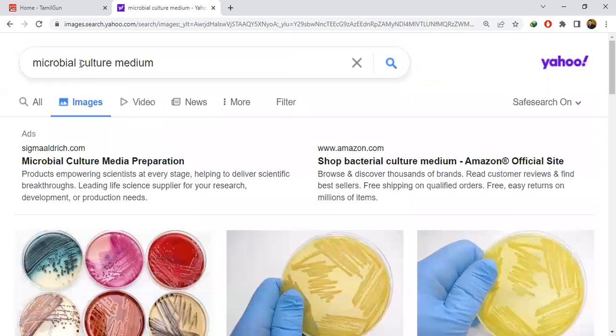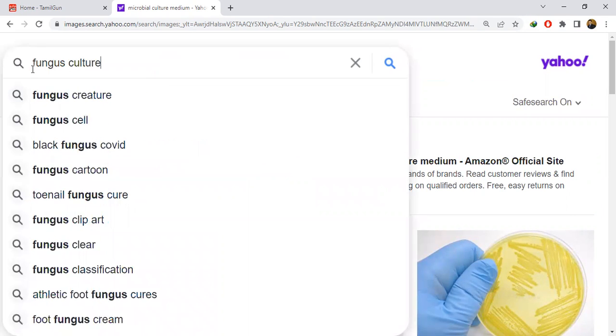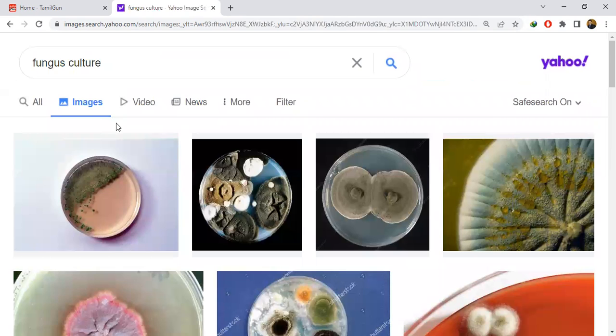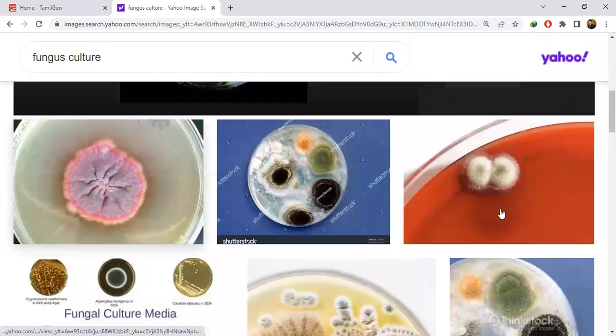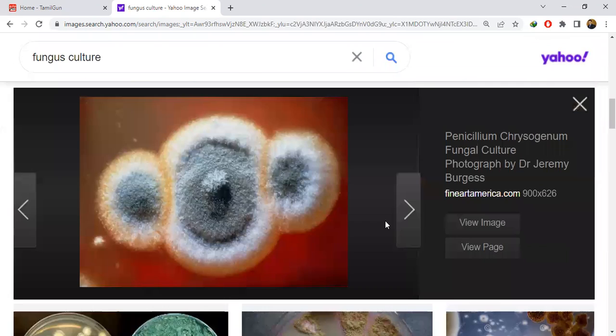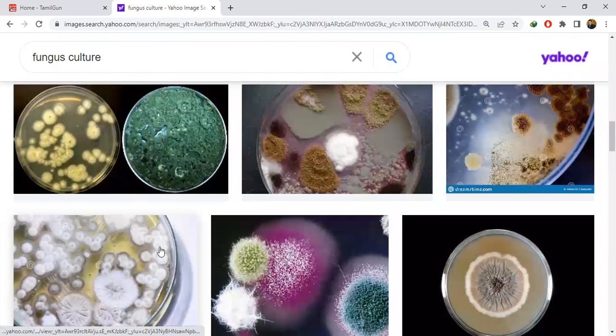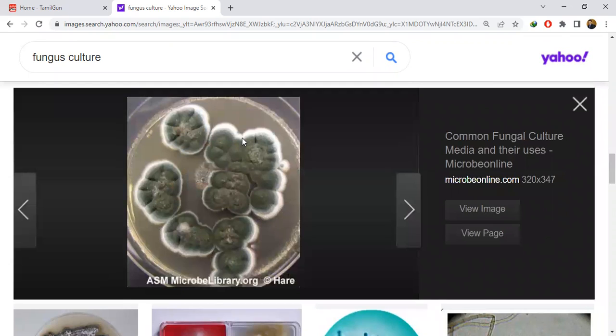You can search for fungus culture; fungus will grow like this on the surface of the culture medium. Looking at the fungus, their color and colony shape, we can make many decisions about them.